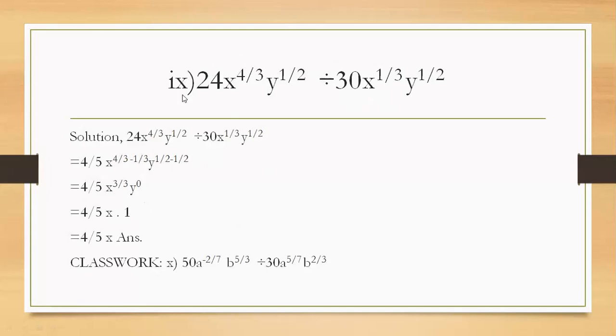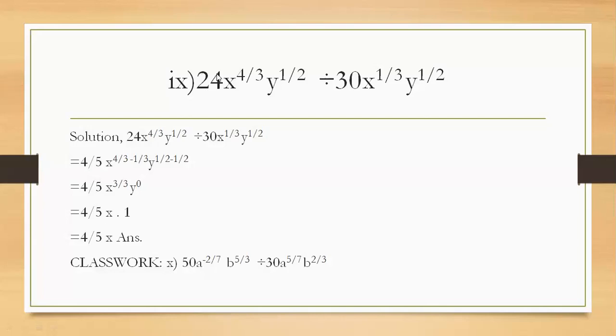Okay, this one, look here. I am displaying the whole one at once because it will be quick, that's why. This was a division. When you divide 24 by 30, it will come 4 by 5.